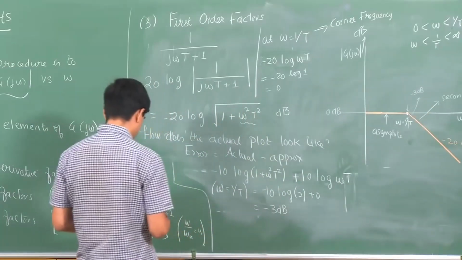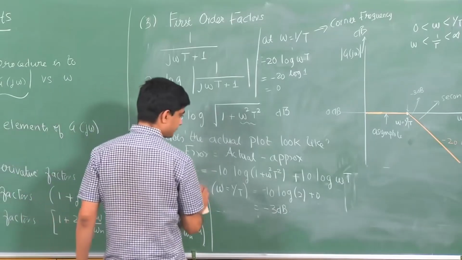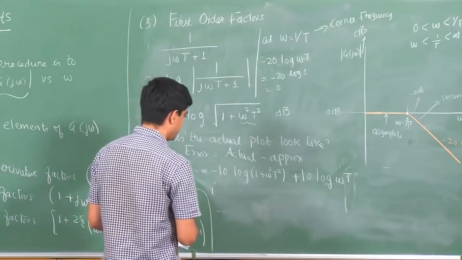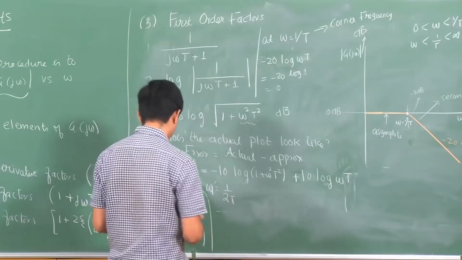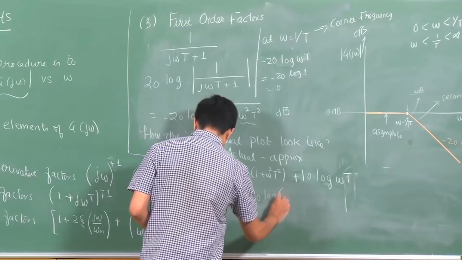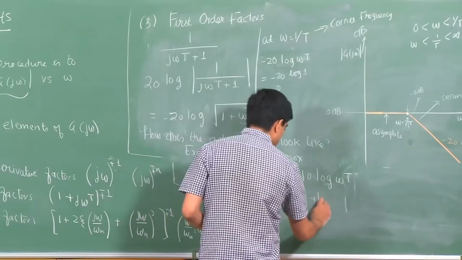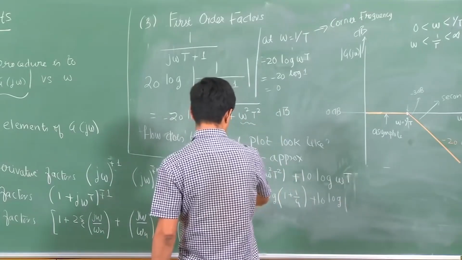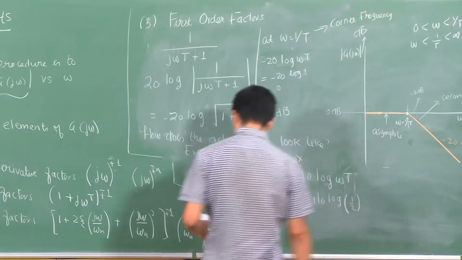Now, similarly, I could ask myself what happens at other points. Okay. So, the same guy at omega equal to 1 over 2 T would look like, well, minus 10 log of 1 plus 1 over 4, plus 10 log of omega T, which is 1 by 2. Okay.